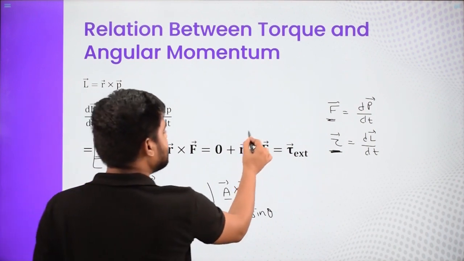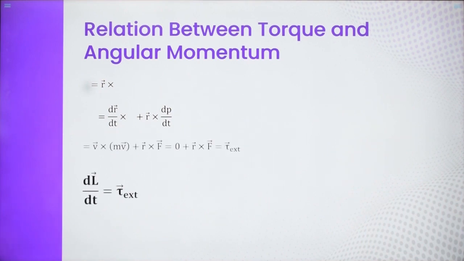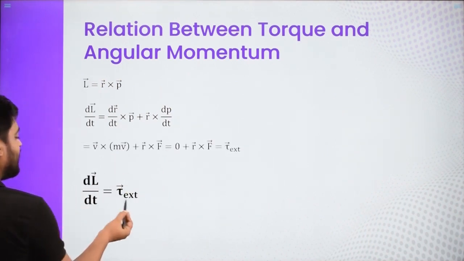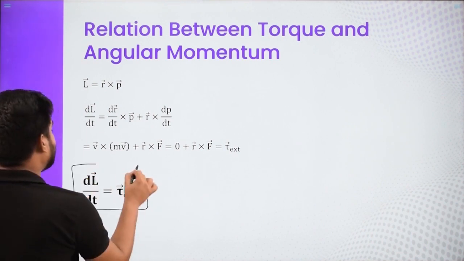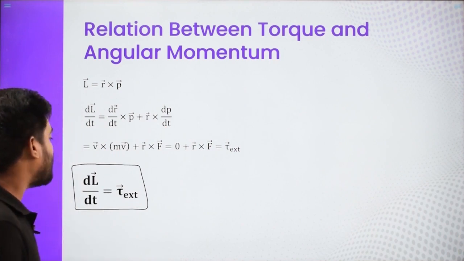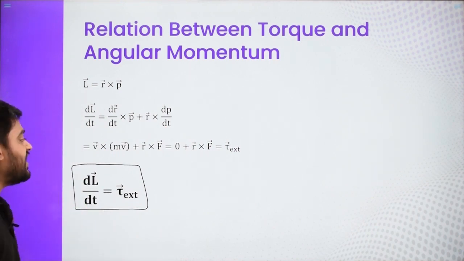External torque is given by r cross F. This is an important relationship: torque is equal to dL by dt. Like F is dp by dt, we can define torque to be dL by dt. The rate of change in angular momentum is defined as torque.